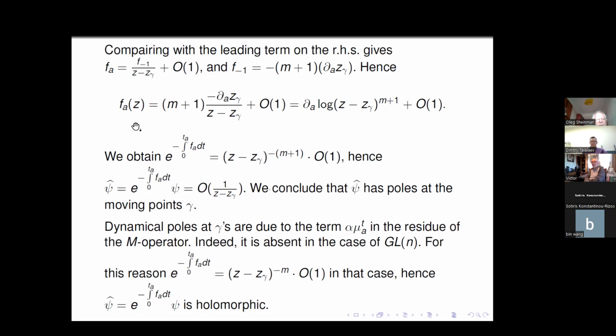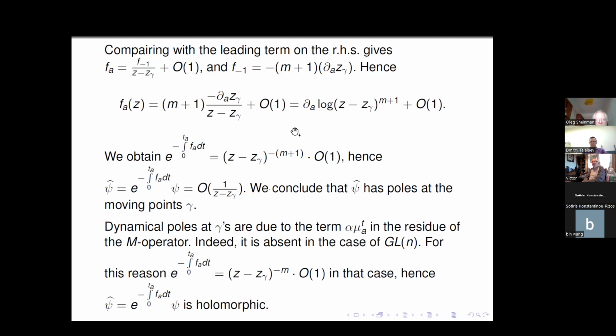Again, altogether, we have the logarithmic derivative of z minus z gamma. This is the expression for FA, its logarithm up to higher terms, and we can easily integrate it in order to obtain the Baker-Akhiezer function from psi.